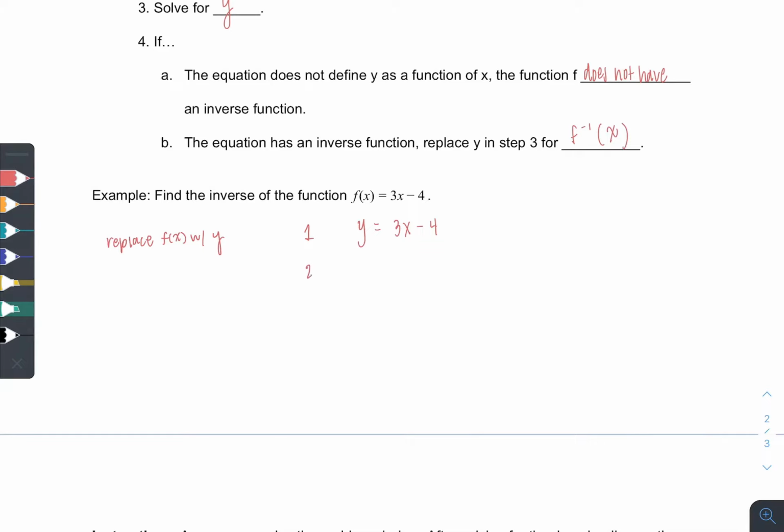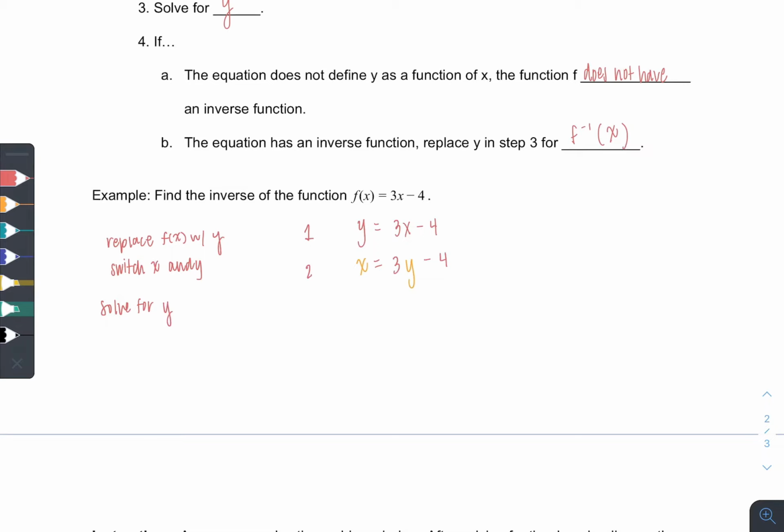Step 2, I'm going to say switch x and y. You're interchanging them. So wherever there's an x, you're putting a y. Change color here. And wherever there's a y, you're putting an x. So I just put that in a different color so you can see the change. Step 3, you want to solve for y.